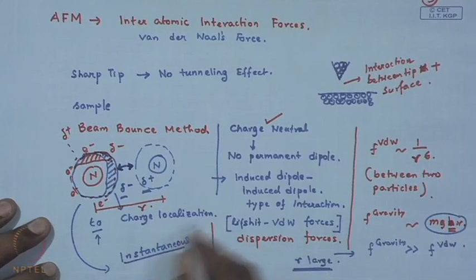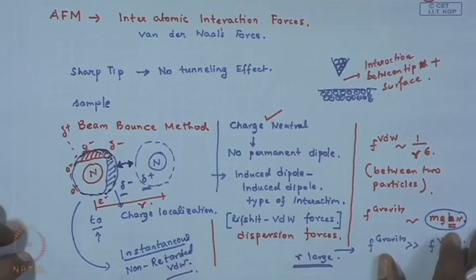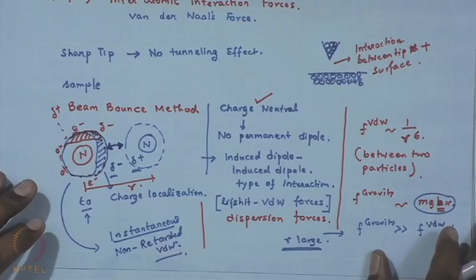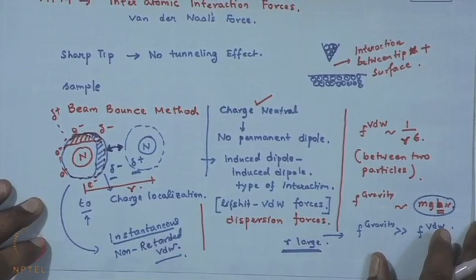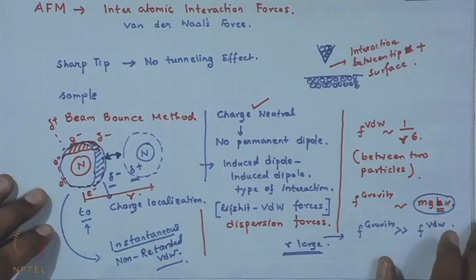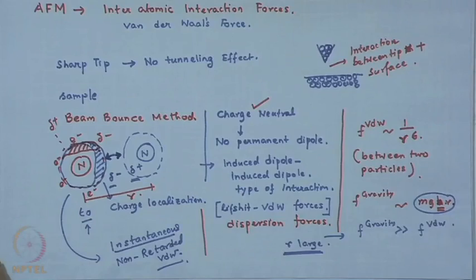And this is what is known as the non-retarded van der Waals force. But you also have something called a retarded van der Waals force, about which I suggest that you look on the internet and get an idea of what it is. It is not essentially very important for this particular course to have a very clear idea about it.